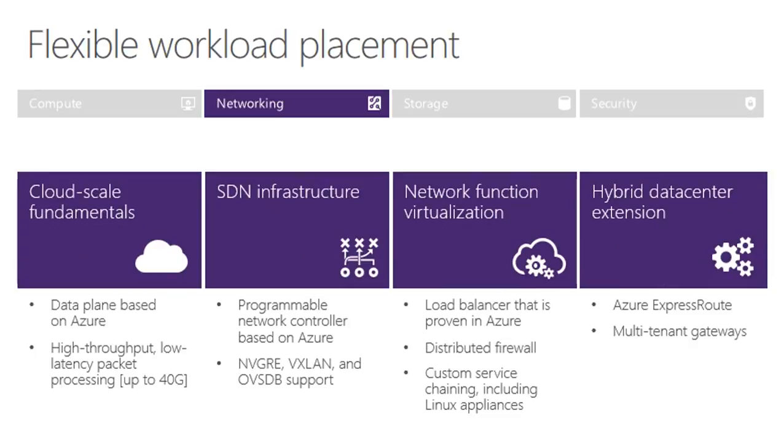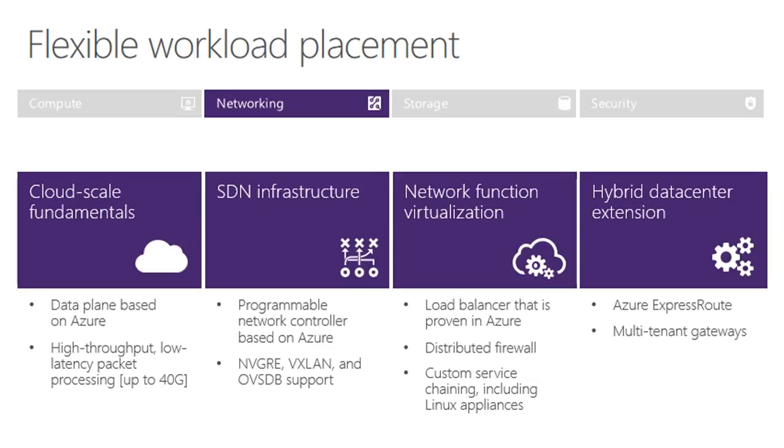What about networking? A lot of the stuff that we've done in networking, we have done for quite some time. This is probably one of the first areas where we brought a lot of stuff from Azure into Windows Server 2016. First of all, we focused on cloud scale fundamentals. So the data plane in Windows Server 2016 is based on the data plane that's in Azure.